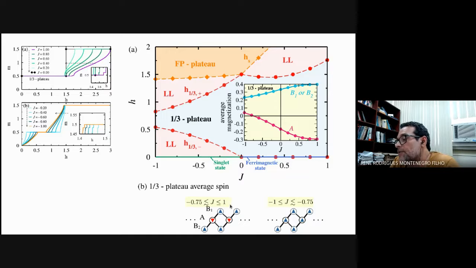But if we go to more negative values of J, the ordering of the unit cell changes.